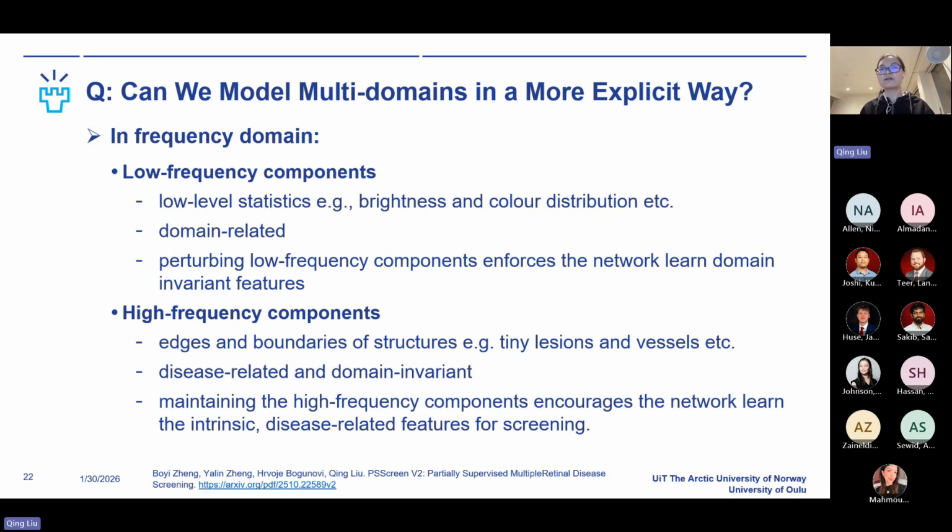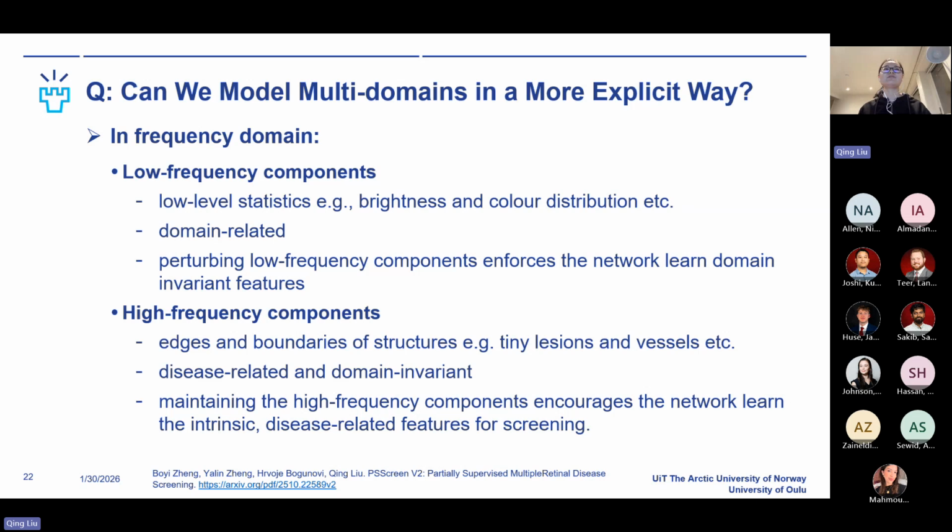So these high frequency components are usually disease related and domain invariant. So when we perturb the images, we need to maintain the high frequency components and encourage the network to learn the intrinsic, disease-related features for screening.